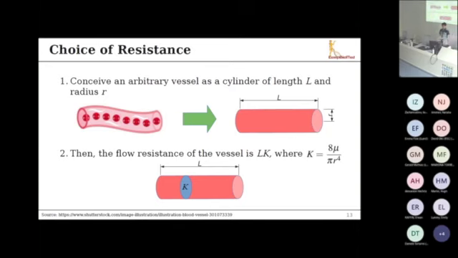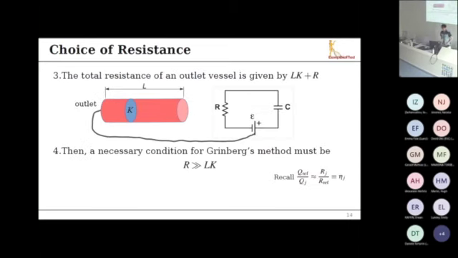Then the flow resistance is given by the product Lk, where k is given by the Poiseuille flow. In the case of outlets, the vessel is attached to the two-element Windkessel model.